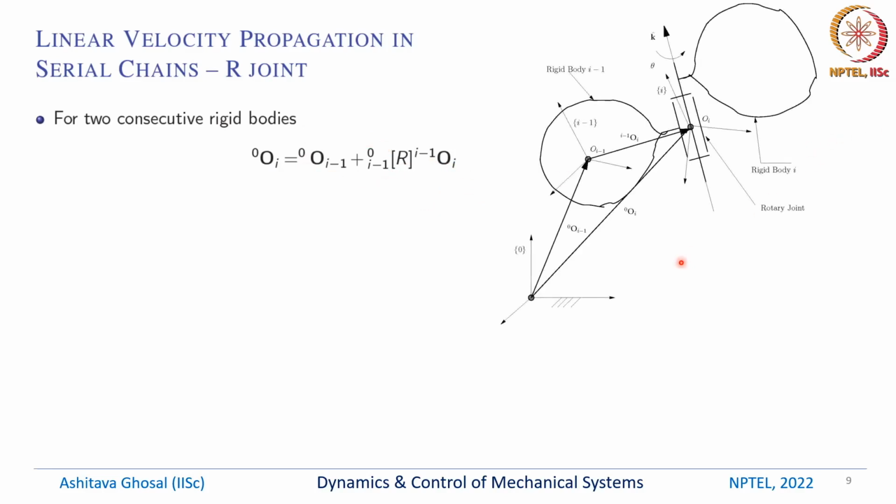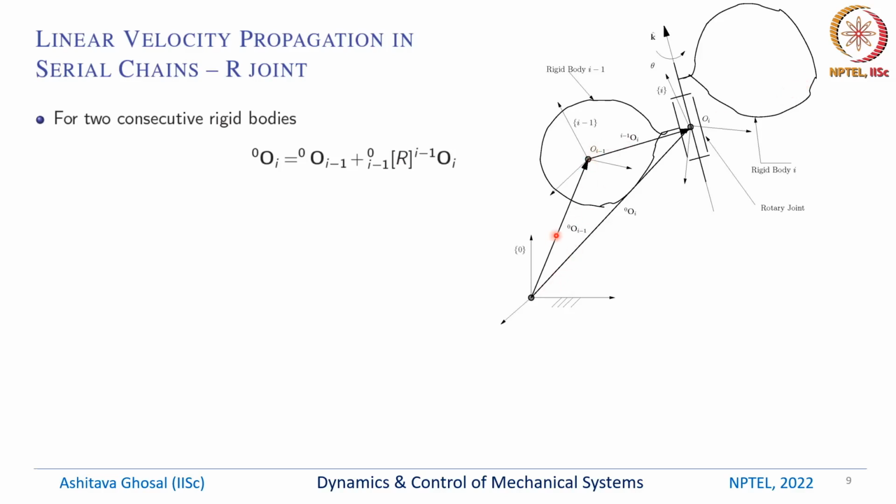So here is an example. ⁰O_i is the vector locating the origin of the ith coordinate system. It is the vector from the origin of the fixed or reference coordinate system to the origin of the (i-1) coordinate system, or the (i-1) rigid body, and then the vector from the (i-1) origin to the ith origin.